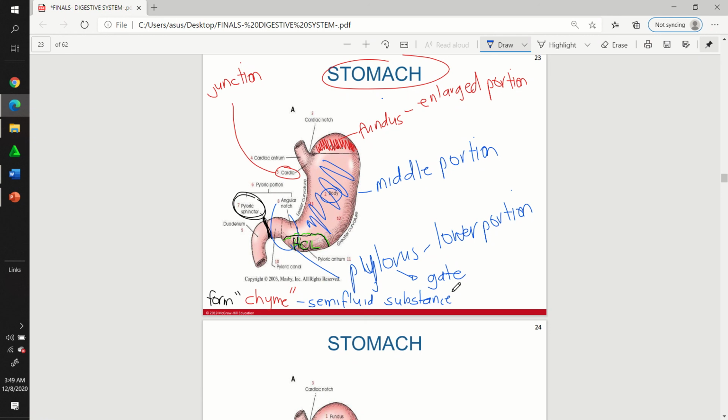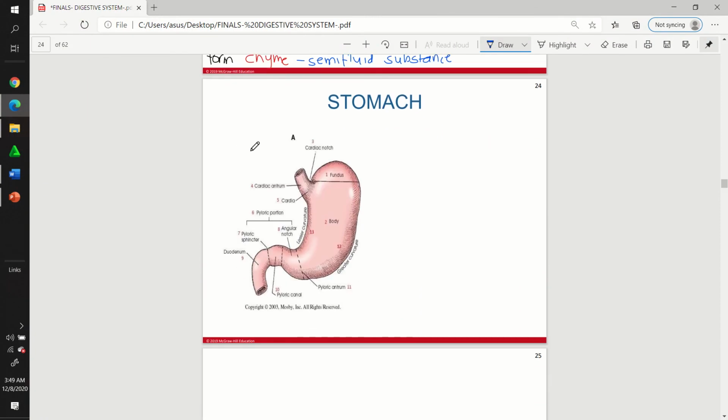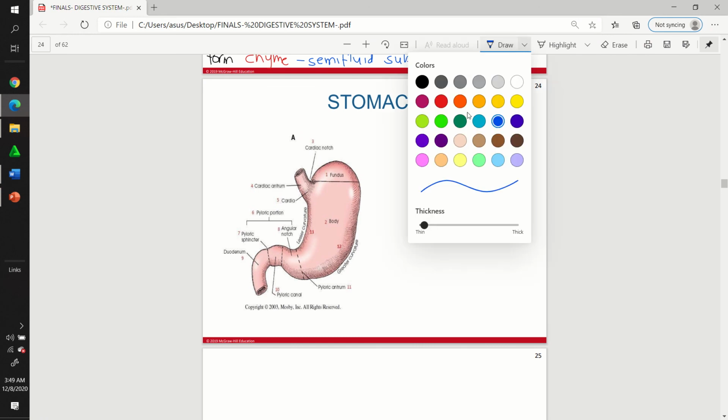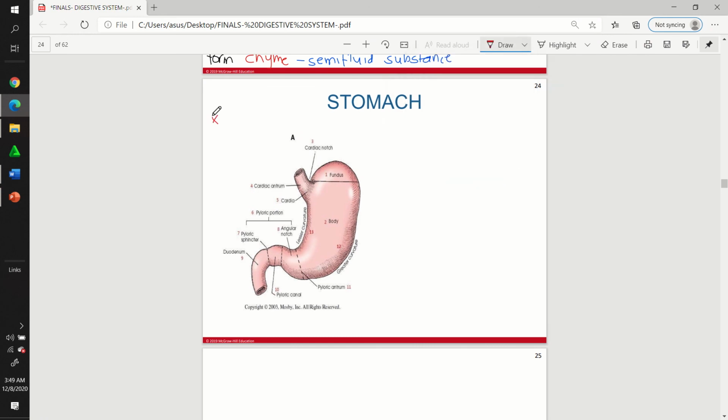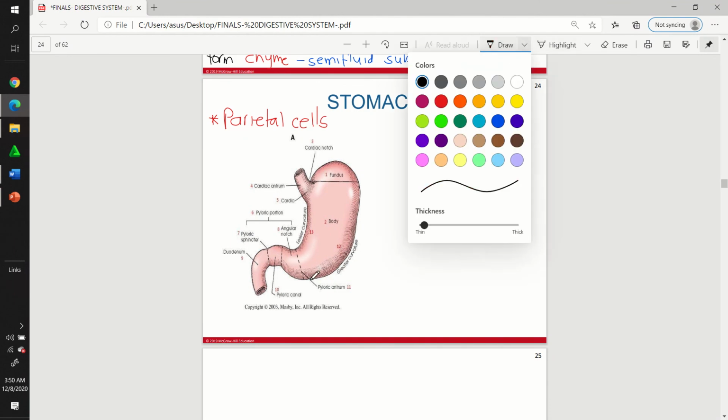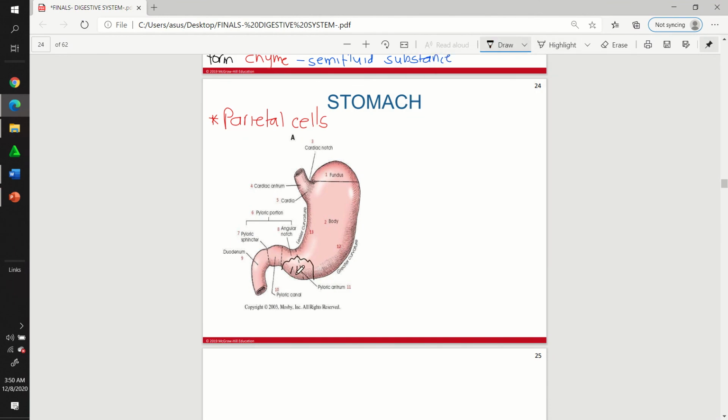And also, class, dito natin isulat, hindi na natin nakikita. There's a special cell in the stomach. And what is that special cell? That is called your parietal cell. Let me draw that one again.